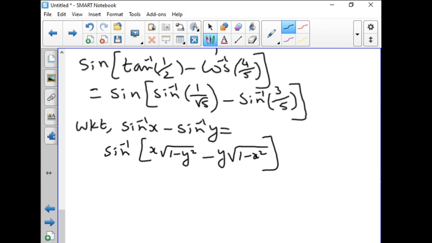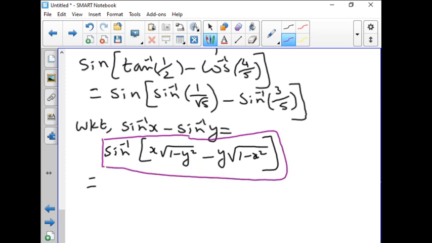Okay. So we are going to use it here. So in the place of x we have 1 by root 5. In the place of y we have 3 by 5. So this is the formula you should remember. So this only we are going to use now.